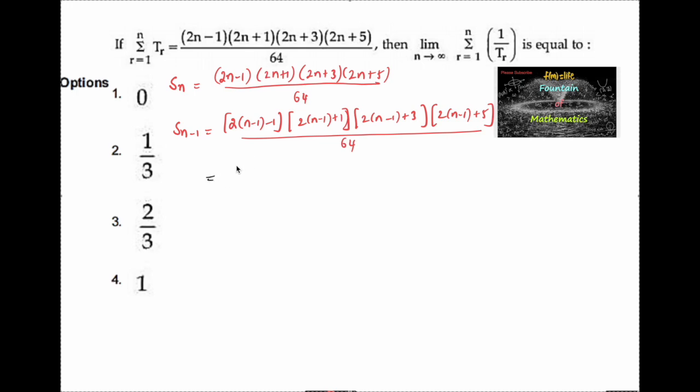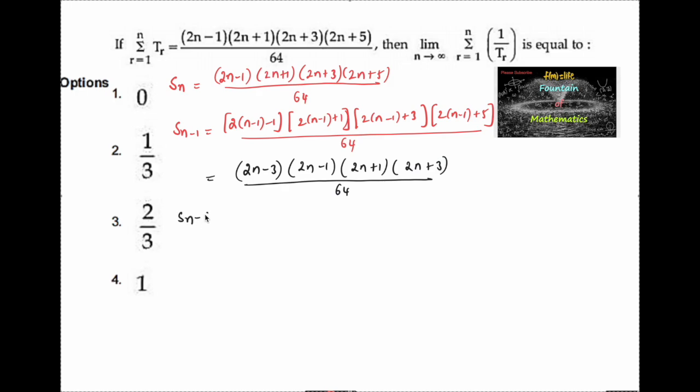Which is equal to, here we can write 2 times of n minus 1, minus 1, that is 2n minus 3, and here 2n minus 2 plus 1 is 2n minus 1, and here 2n minus 2 plus 3, that is 2n plus 1, and here we can add 2n plus 3, divided by 64.